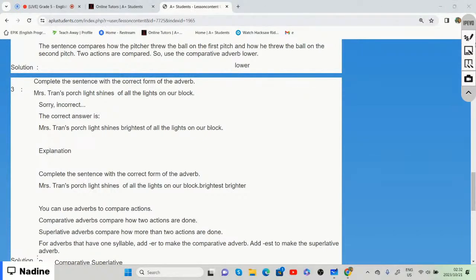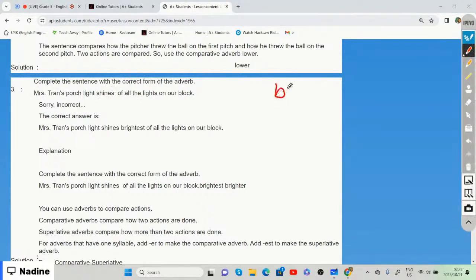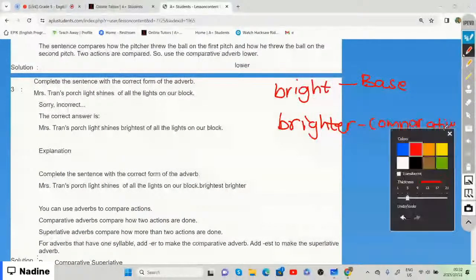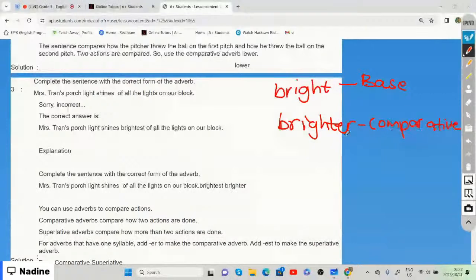So if we say that Mrs. Trans's porch light shines bright, this is our base. Brighter will be our comparative. And brightest will be our superlative.